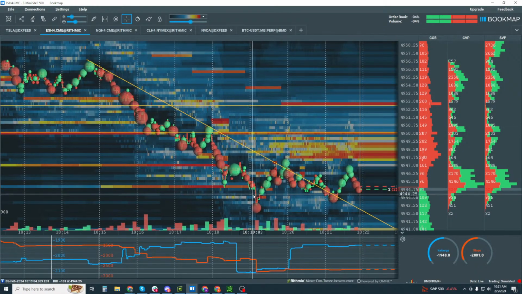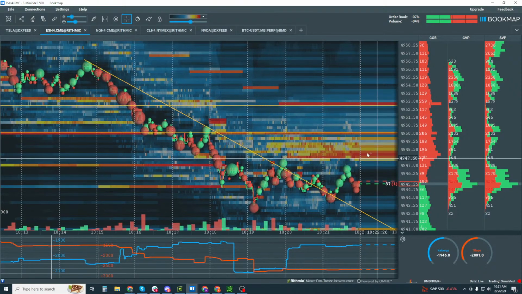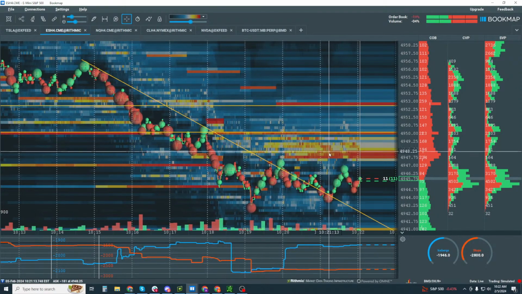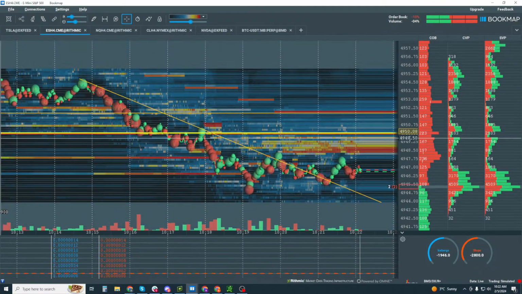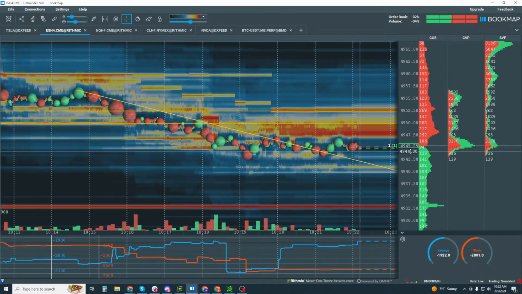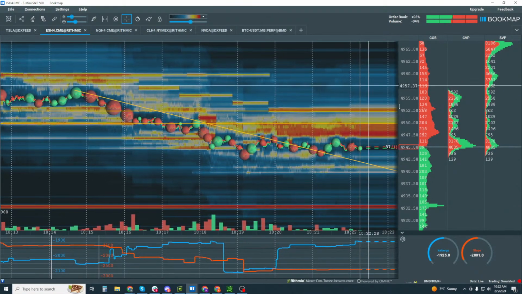Okay, so I have my higher time frame range, and now what do I have in terms of my order flow? Well, order flow wise, they're on the offer up here. We don't see buyers tangling with it yet, and on the bid is down at these lower levels here. In fact, let's look at our 33. Yeah, you can see quite a bit down here at this 33 level.